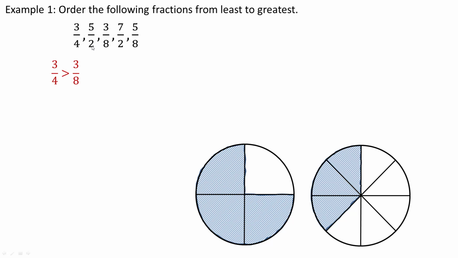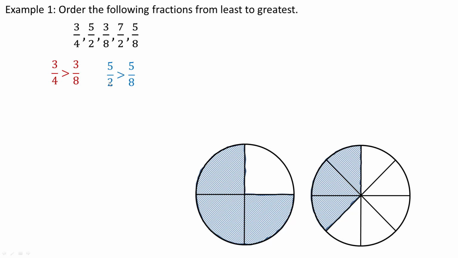Now, let's talk about 2 that have the same numerator. I meant the 5/2 and the 5/8. They have the same numerator, and if they have the same numerator, again, the bigger denominator means there's more parts, so this would have to be smaller.